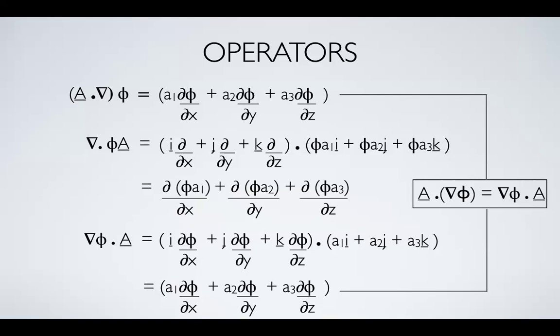Oh, you mean why A1 now is in the front? They're equal because they're scalar. It's just a magnitude, right? Yeah. Phi A. Oh, you mean, let me see.